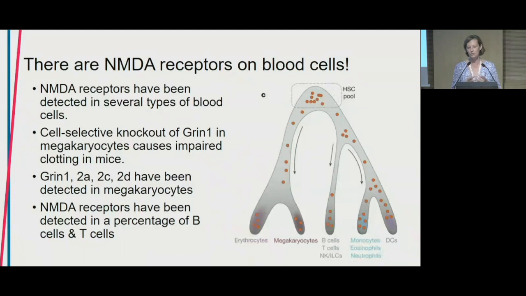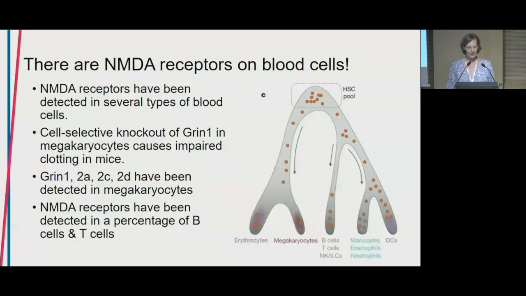So we know that they're there, but they're in very low levels, and they're not in all of the blood cells. For example, they might be in a fraction of the red blood cells or the megakaryocytes or the B cells or T cells, and I'll show you some of that data. So I think that's why they're not studied that much in the blood cells.